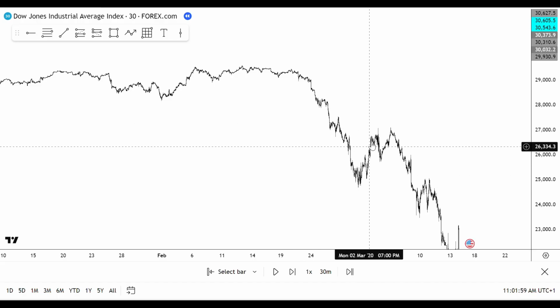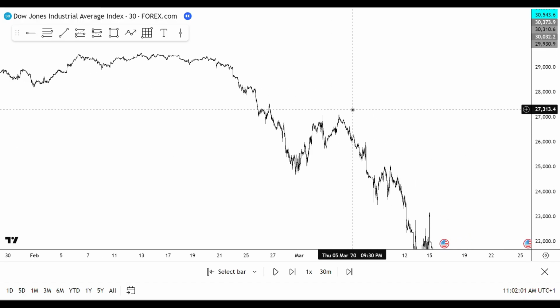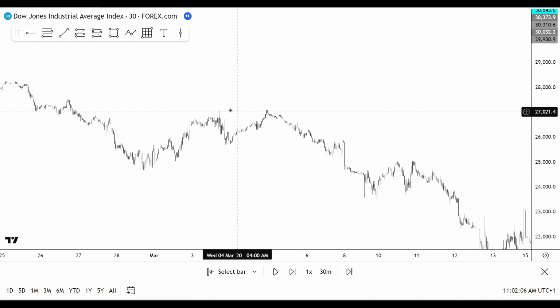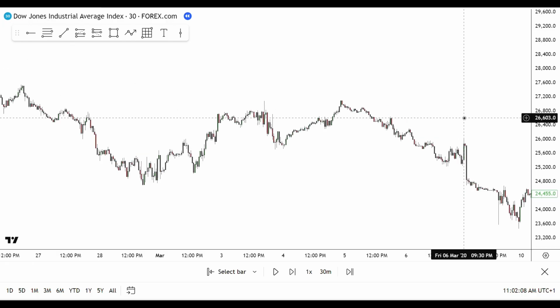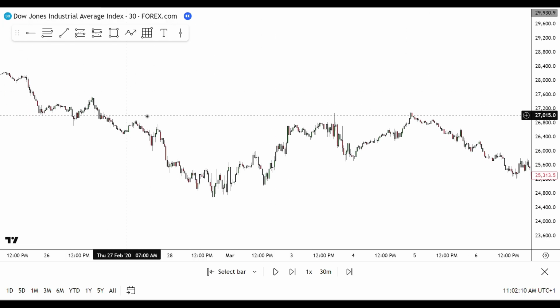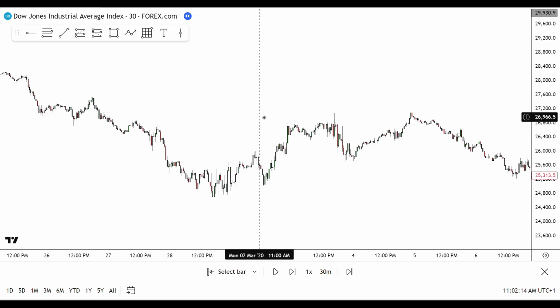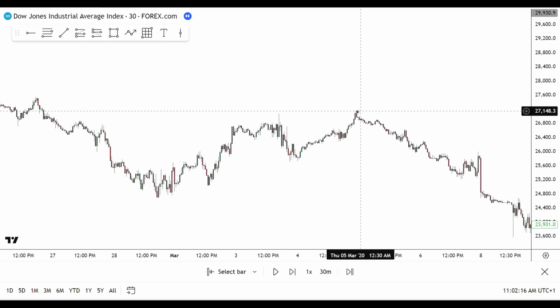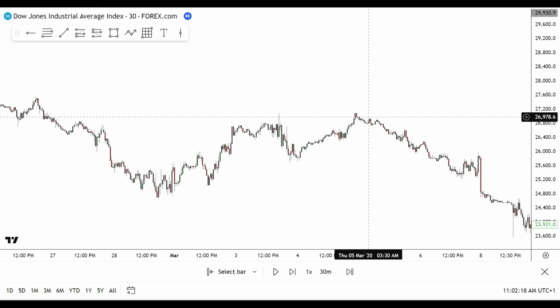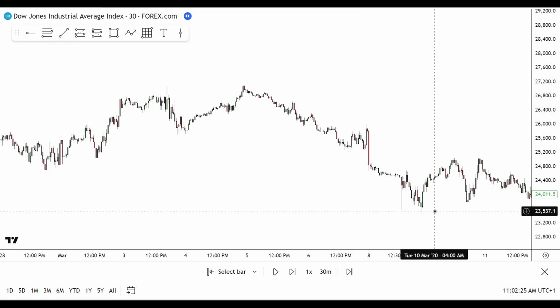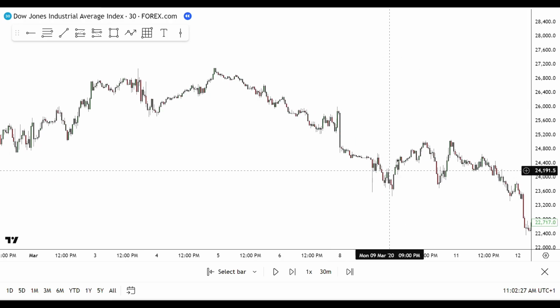Then there was a retracement here. Buyers were like, okay, let's see, can we buy? They tried to buy and then they failed, because there were still some sellers on this level. So they tried one more time, came into this, and then sold from there, and then this structure was formed, and then another structure.